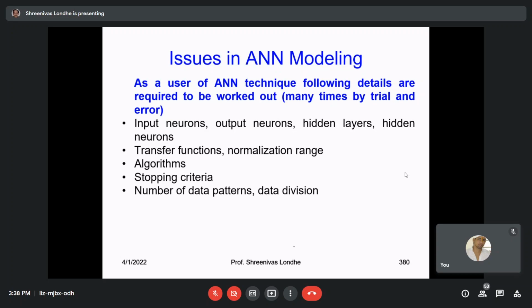How much should be the data? How much should be the data patterns? Well, these are so many issues. These are some glimpses of issues in ANN modeling, which still have to be addressed. And of course, this leaves us with a lot of scope of research in this particular intriguing field of ANN modeling. So that's all from our team of VIIT over here.